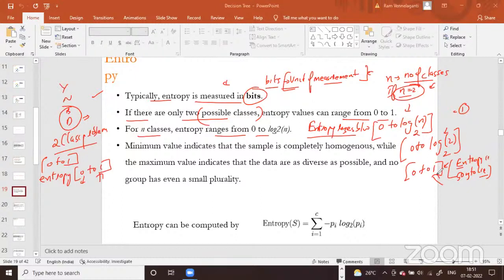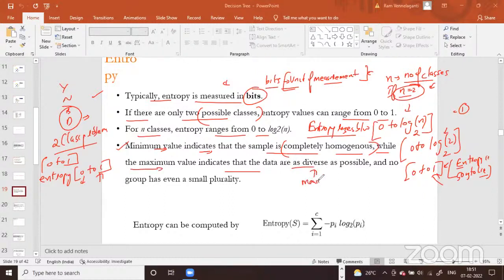So write down all these formulas so that you remember them in your notes. The minimum value for entropy is going to indicate that your sample is completely homogeneous. While the maximum value is going to indicate that data is as diverse as possible.